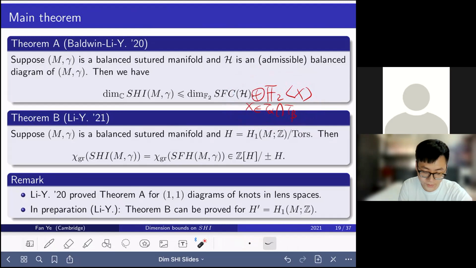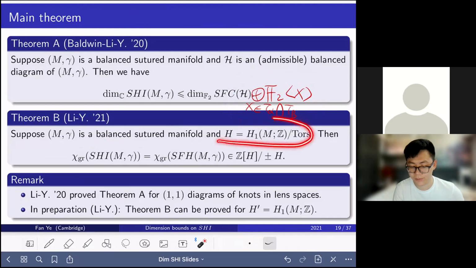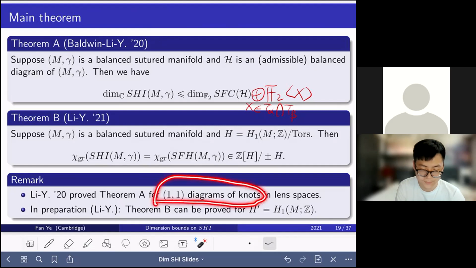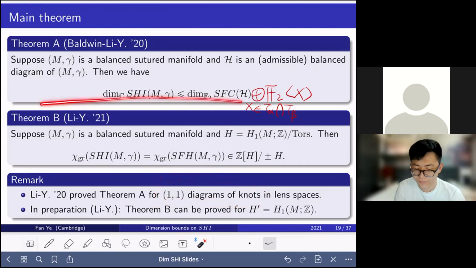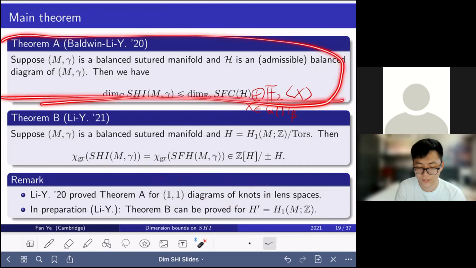Also, suppose (M, gamma) is a balanced sutured manifold and H is the homology group modulo torsion. Then we prove that the Euler characteristic of SHI is the same as the Euler characteristic of SFH, in the group ring. There is a remark that we already proved theorem A for 1-1 diagrams of knots in lens spaces, but then we generalized it to the general case.